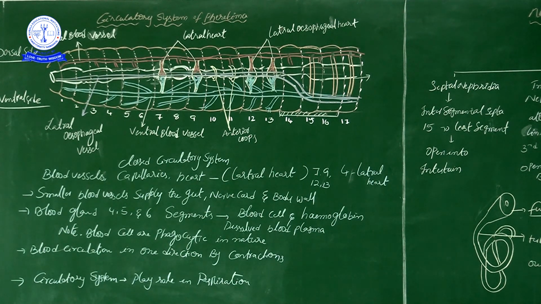Four lateral hearts are present, in the 7th, 9th, 12th, and 13th segments. This is about the circulatory system of Pheretima or earthworm.